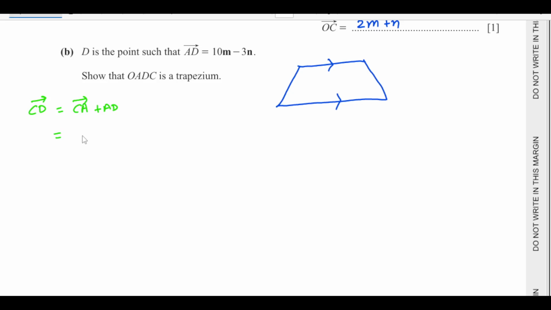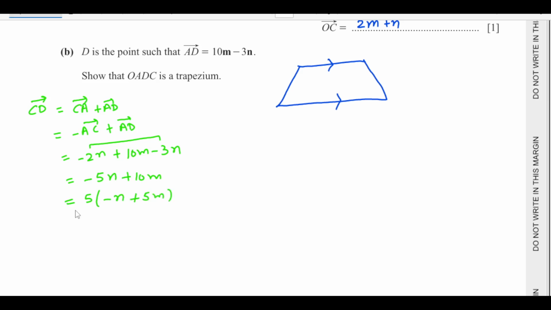It will be minus of AC plus AD. Okay, AC is negative 2n, then AD we are given here 10m minus 3n, right? So we will simplify here. So this is going to be negative 5n plus 10m. Okay, so if I take 5 common, I have negative n plus 2m, so 5 times 2m minus n, right?